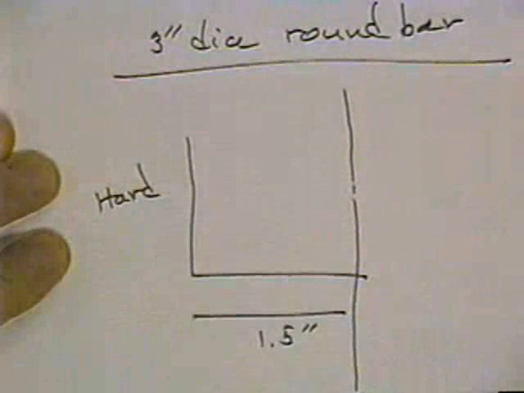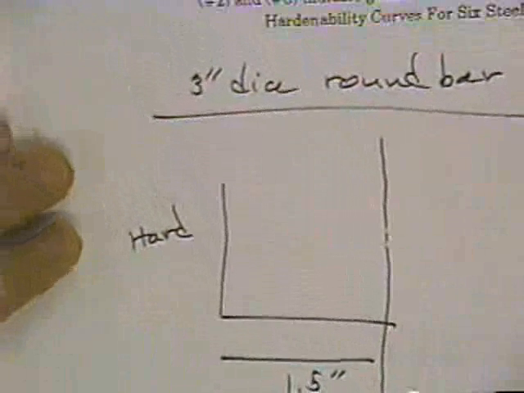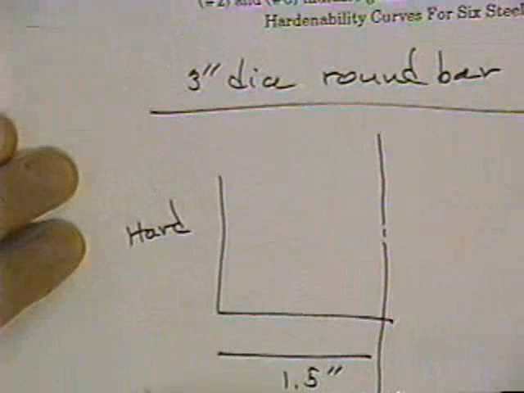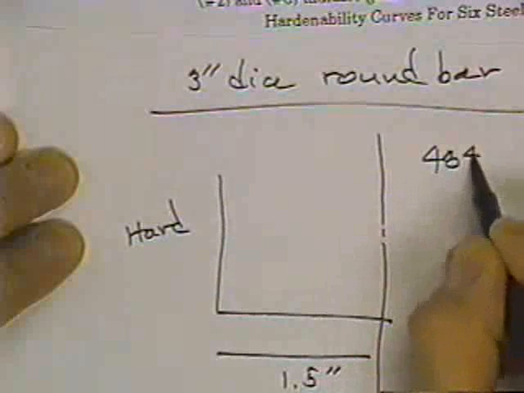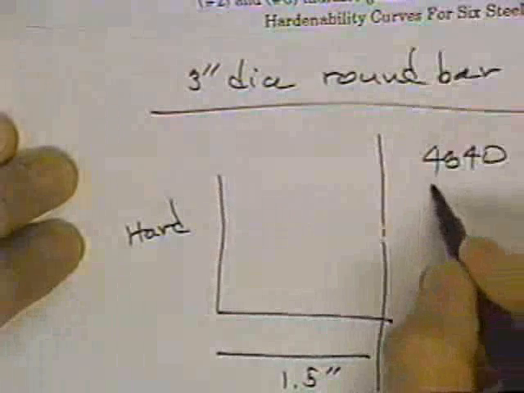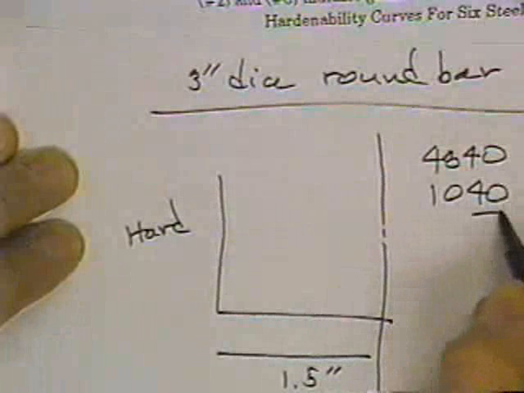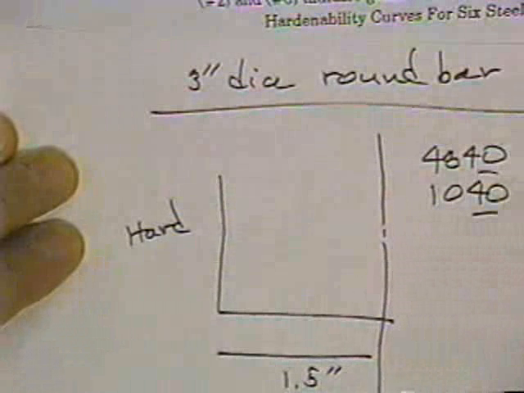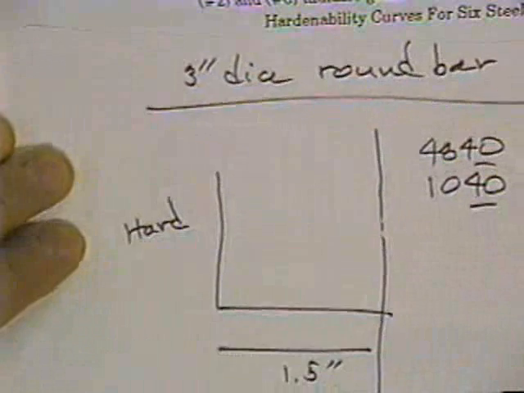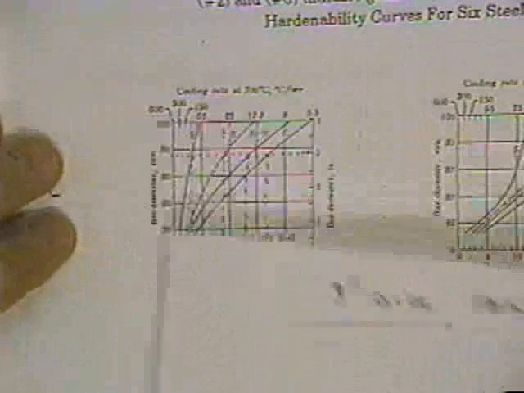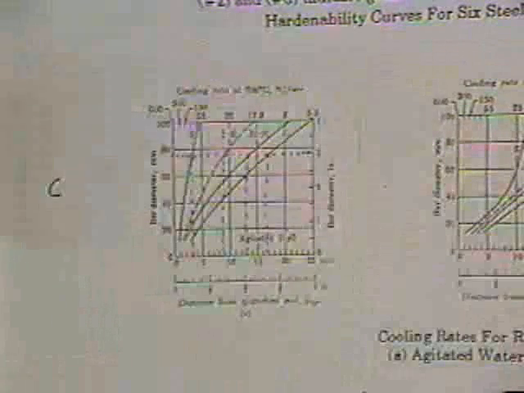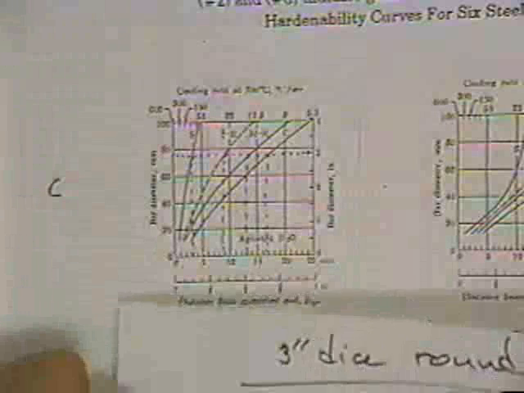So now we need to pick a steel. Let's pick two steels, and let's try a 4340 and a 1040. Same carbon content, but now differing in alloying content. We'll see a significant difference here in the hardness. So now we have these. We need these numbers.